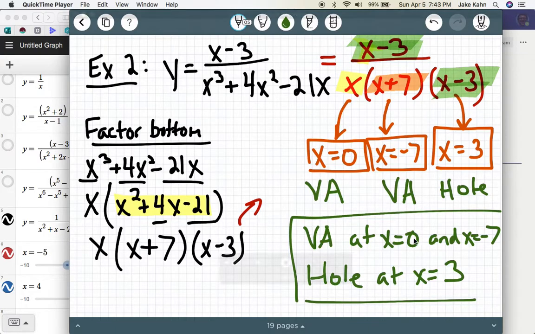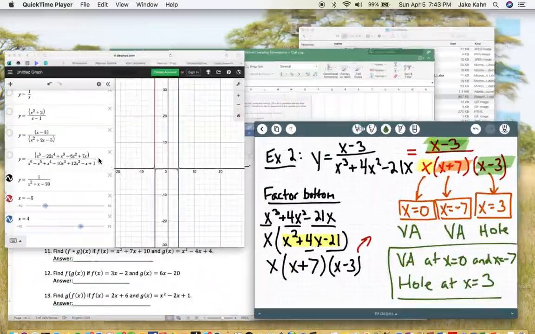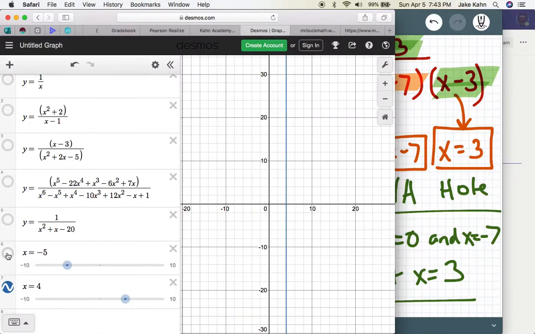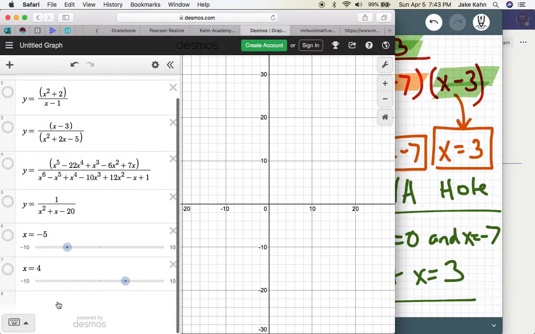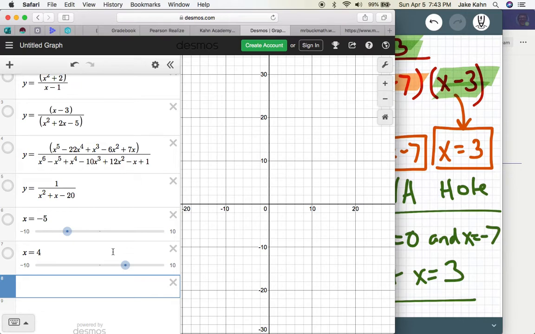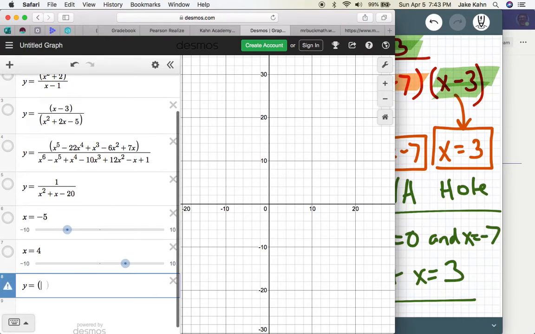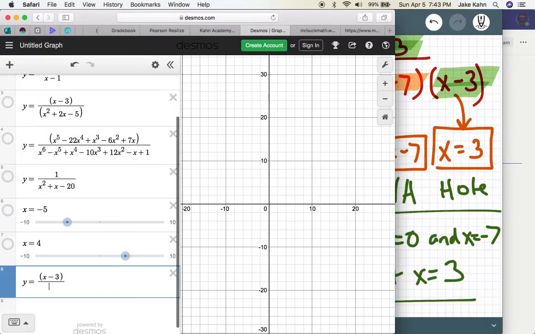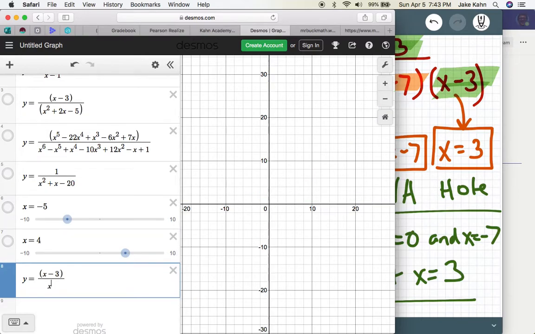All right, I'm going to go to Desmos and we're going to plot those things now. First, I'm going to plot the original function, y equals x minus 3 divided by x cubed plus 4x squared minus 21x.